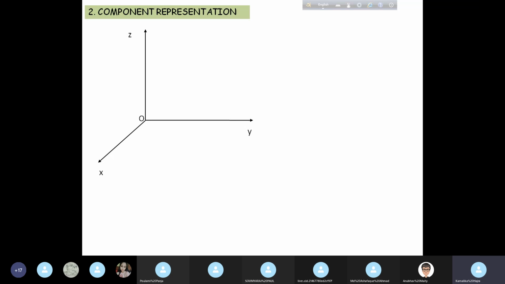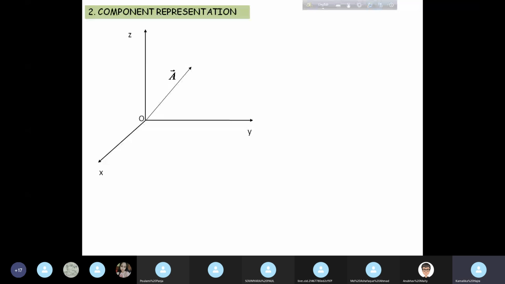There are several other kinds of coordinate systems which we will encounter later on and will study in detail too. So for the time being, for our convenience, we are using the rectangular Cartesian.